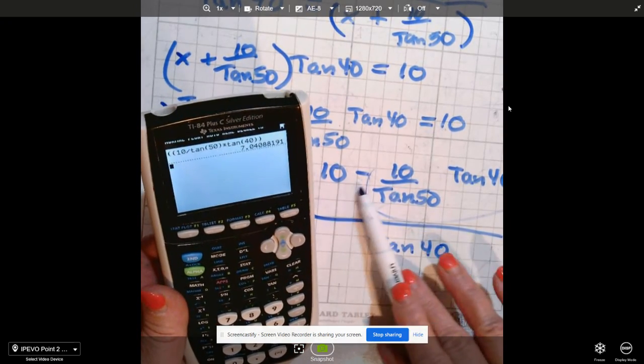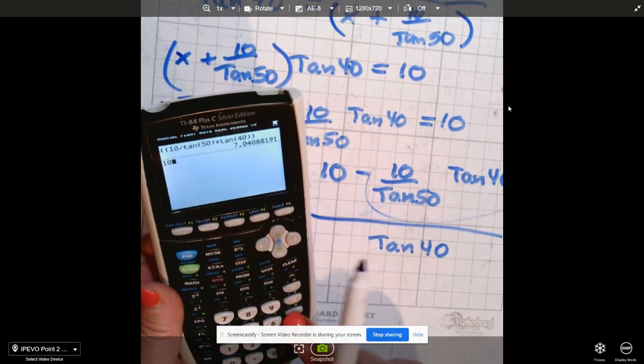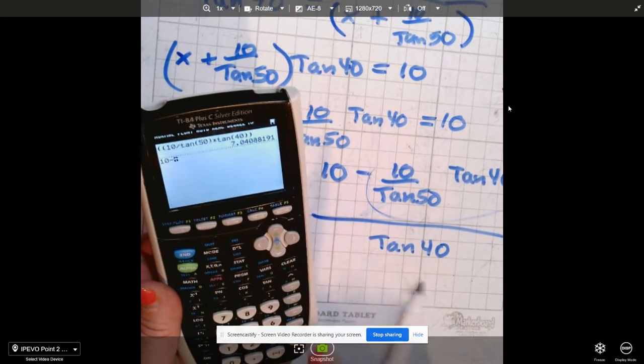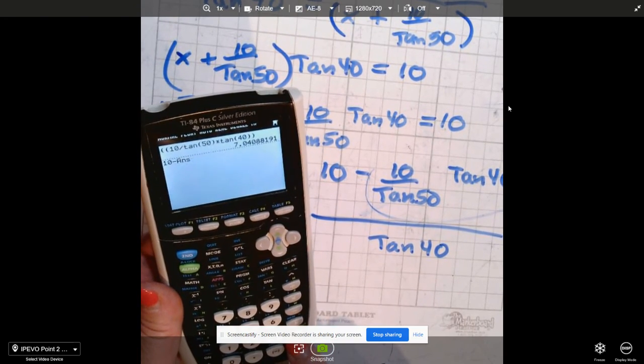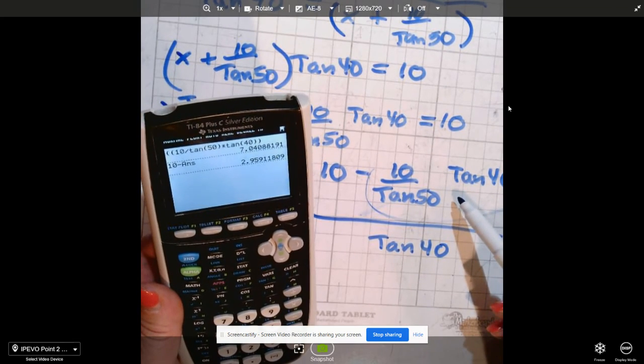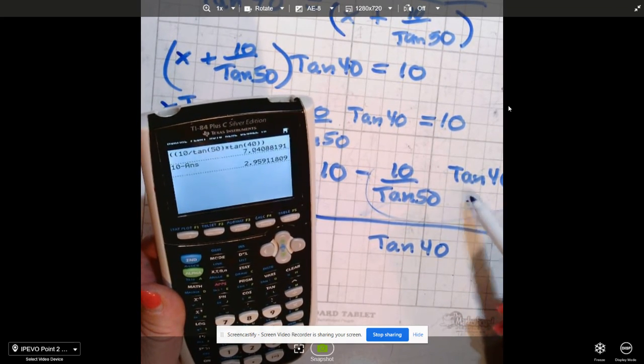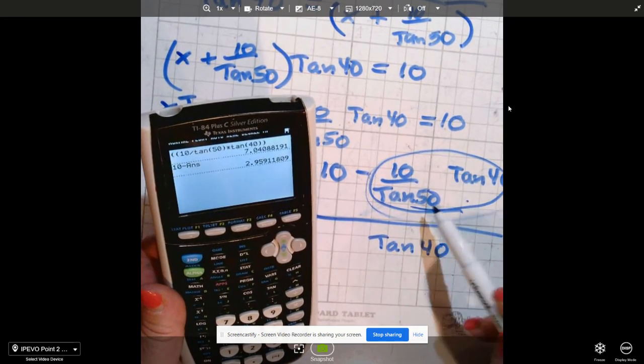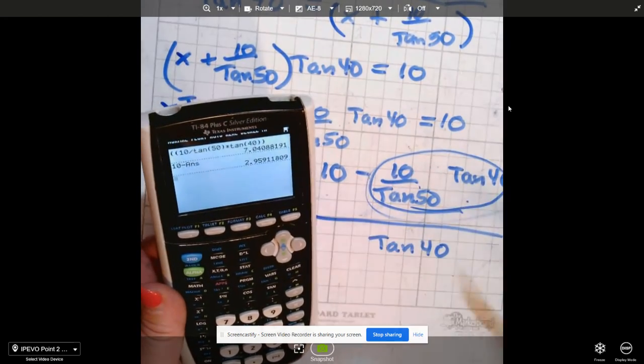I want to say 10 minus that number, so I'm going to say 10 minus, and I'm going to go second answer, so I'm saving all my decimals. And now I know what this number is right here. So this number here, minus 10, so my numerator is 2.59.